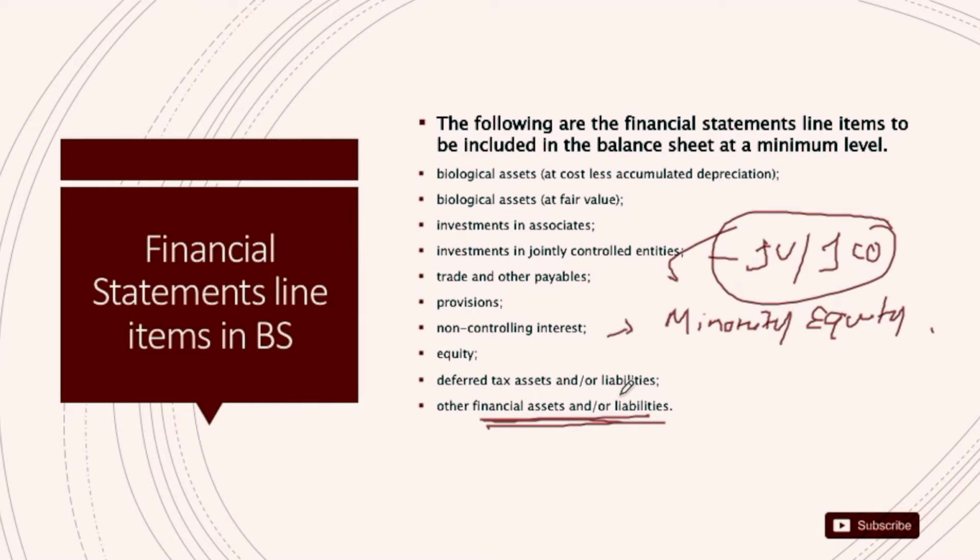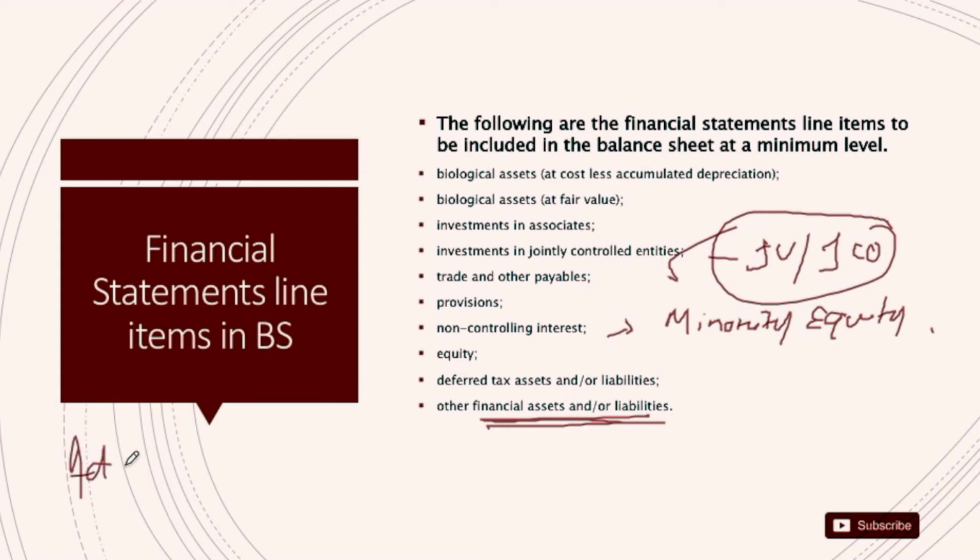So these are certain minimum items that are required to be presented in the statement of financial position. However, IFRS for SMEs and the IFRS also give the liberty to the management to add any other additional line item.